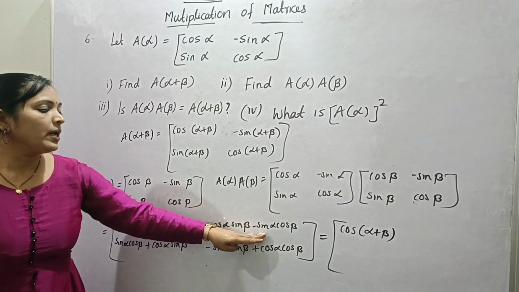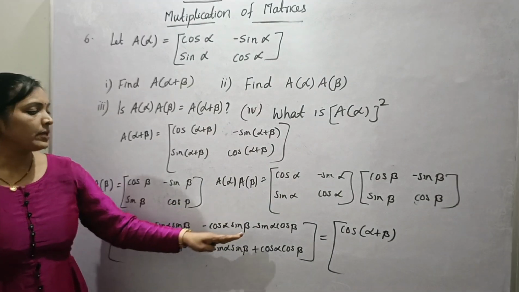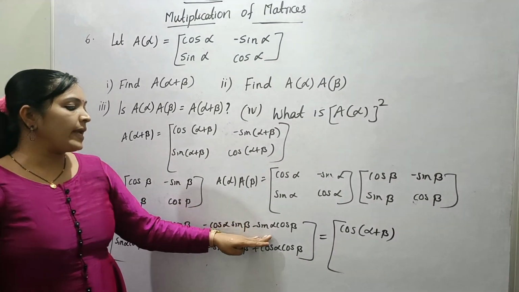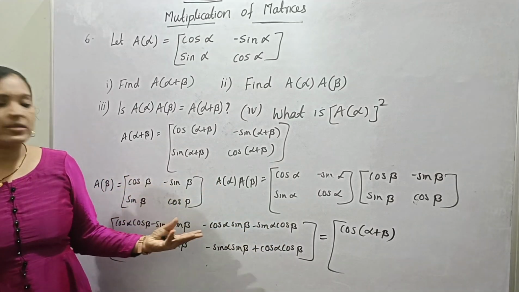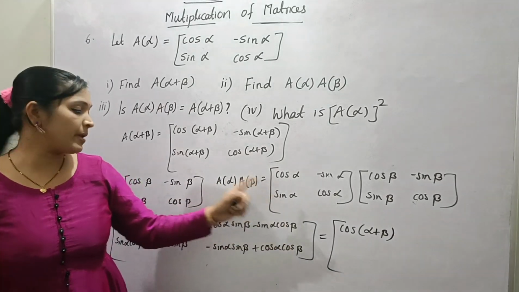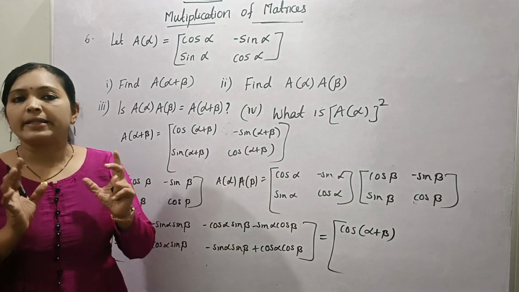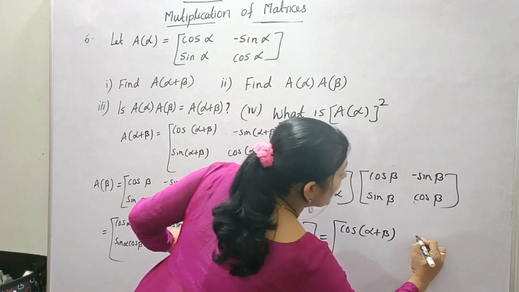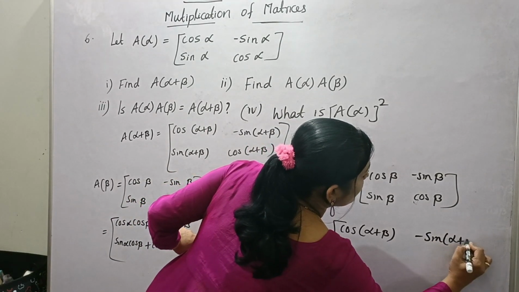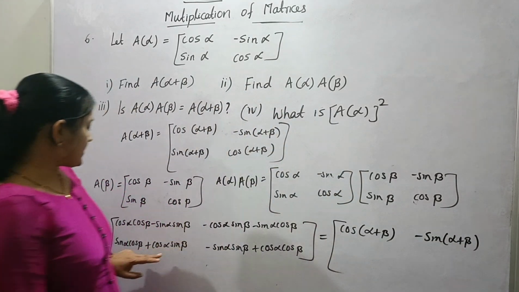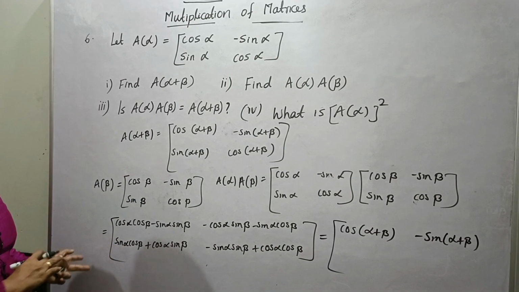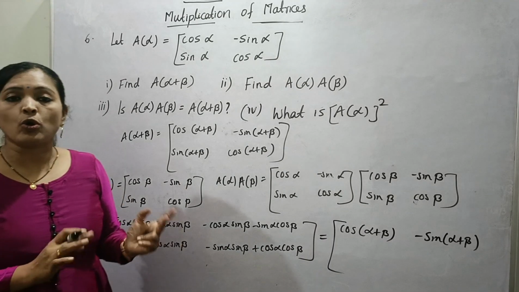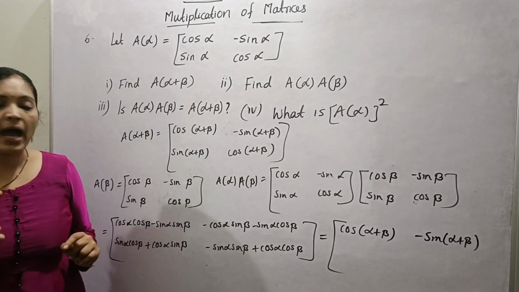And here, if we take minus outside, sin alpha cos beta plus cos alpha sin beta, that is sin of alpha plus beta. Minus is there, so minus sin of alpha plus beta. Next here, it is also sin alpha cos beta plus cos alpha sin beta, that is sin of alpha plus beta.